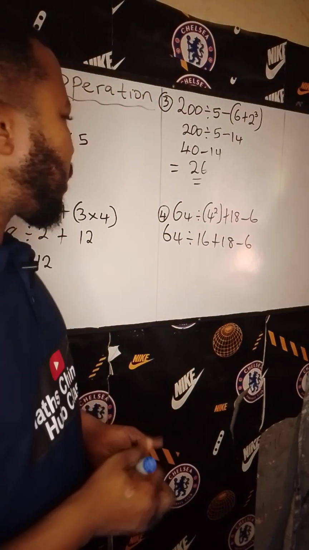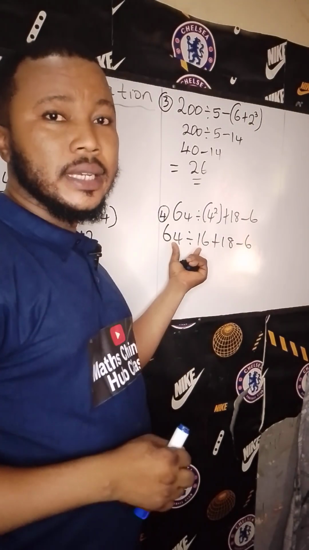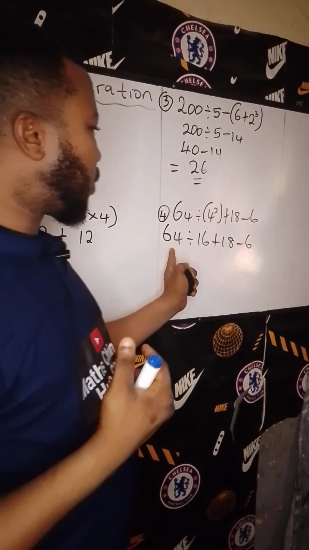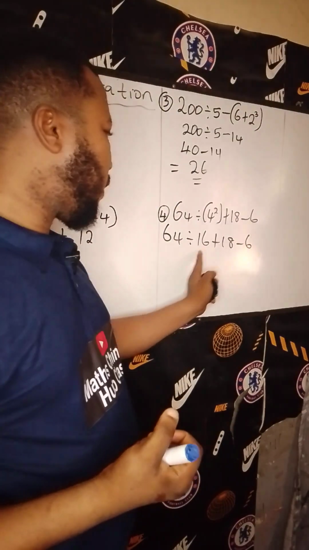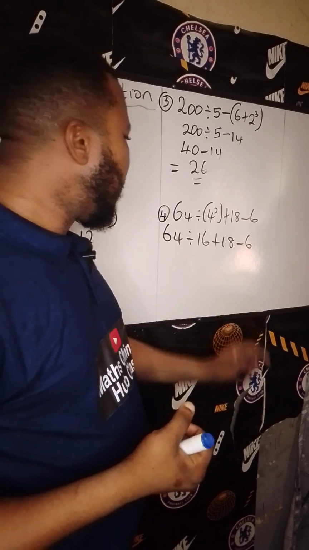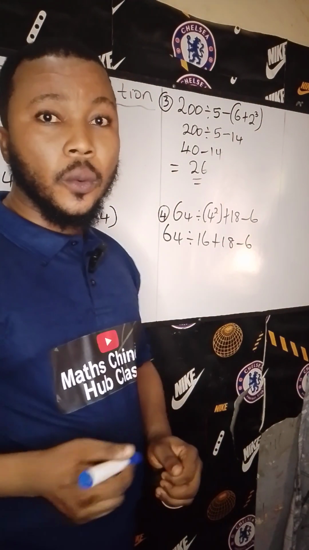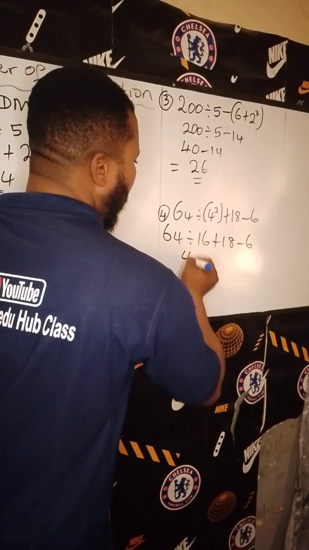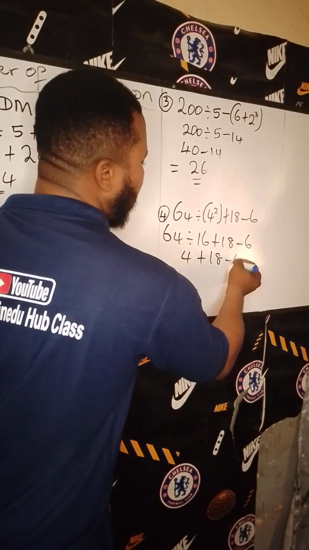The next thing is we divide, because BODMAS: brackets, of, division or multiplication. So 64 divided by 16 gives us 4. 4 plus 18 minus 6.